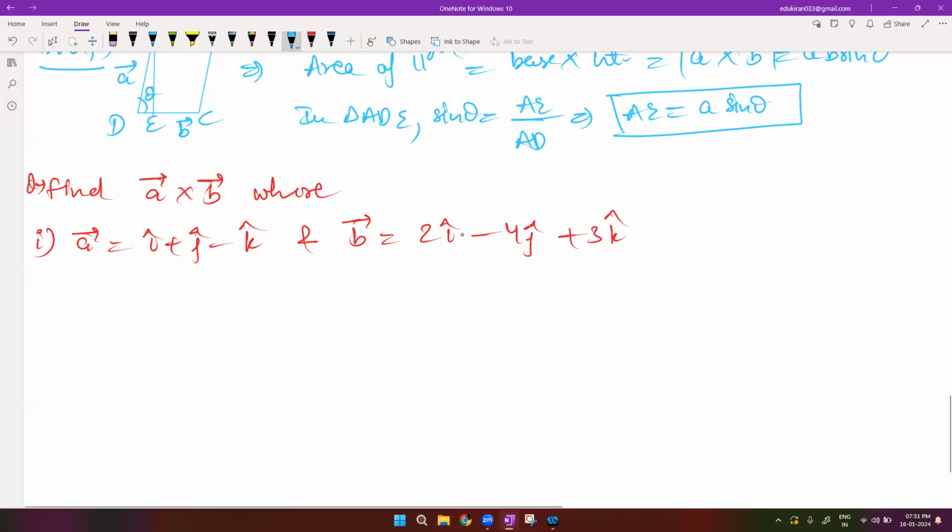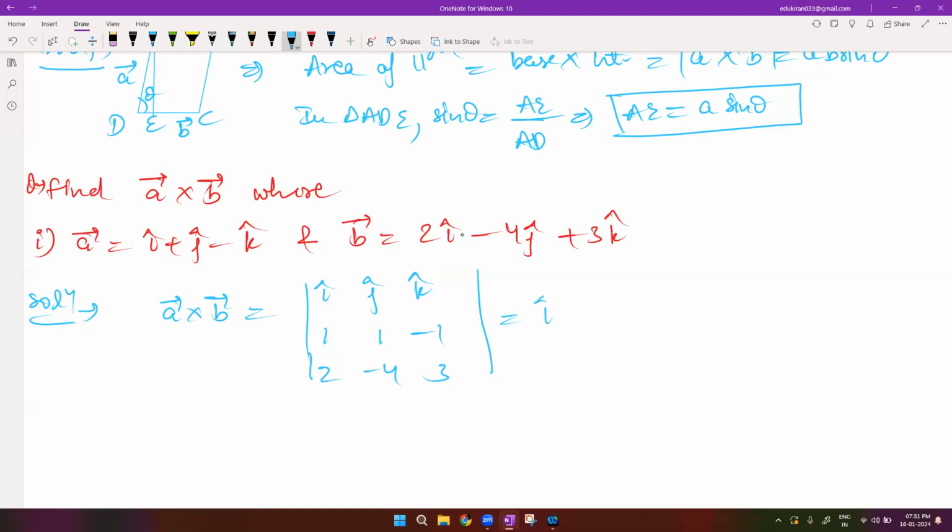Because this is the first question, let's solve it together. A cross B would be the determinant of i, j, k, then the scalar components of A, which are 1, 1, minus 1, and then the scalar components of B, which are 2, minus 4, and 3.